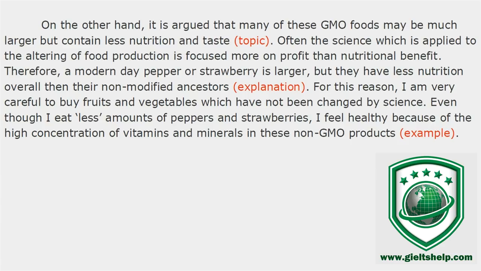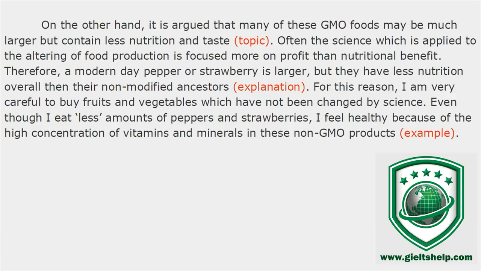On the other hand, it is argued that many of these GMO foods may be much larger but contain less nutrition and taste. Often, the science which is applied to altering of food production is focused more on profit than nutritional benefit.